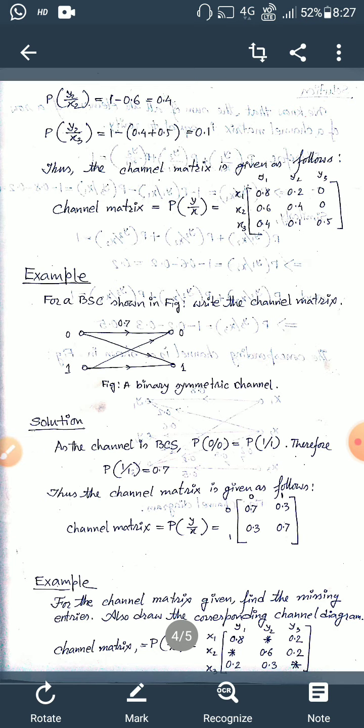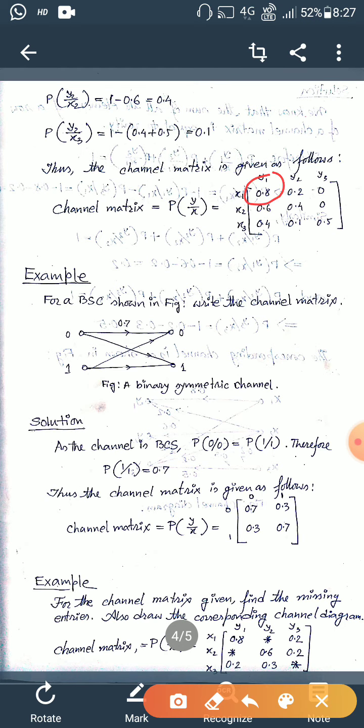This is the y1 by x1 channel matrix, the value is 0.8 given to you, so you just put this value in this position, and you calculate. P of y2 by x1 is 0.2, but if you check, y3 by x1 is not connected.